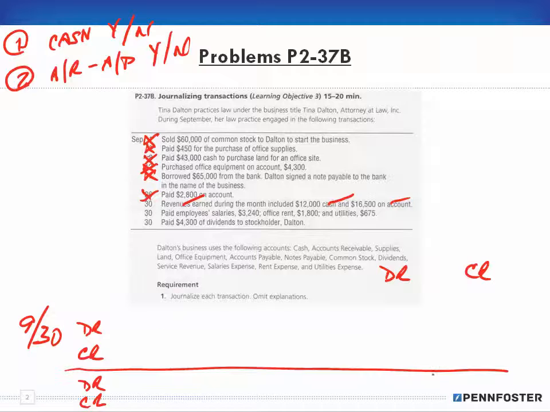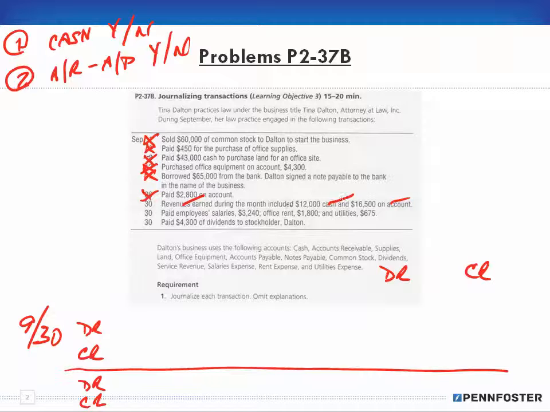I'm going to show what I mean here, so that you can see the thought process behind it, but realize that if I were making this journal entry, in my mind I would only make 1 journal entry, because I understand the thought process and can easily combine them in my mind. So whenever you're making a journal entry, ask yourself, am I affecting cash?